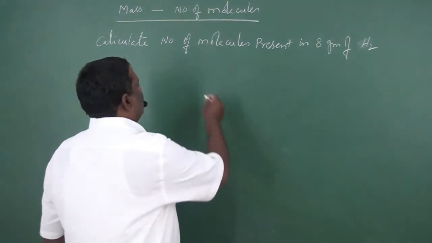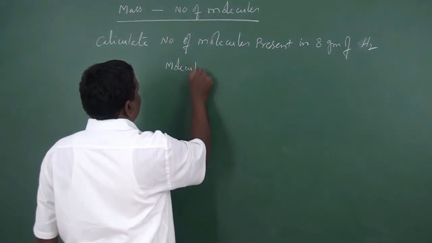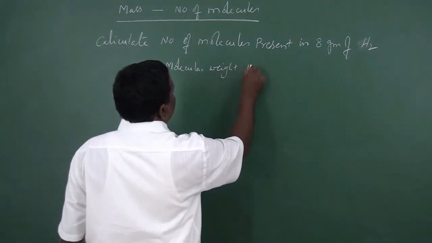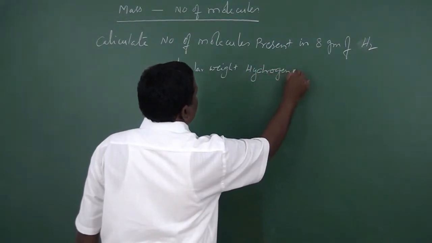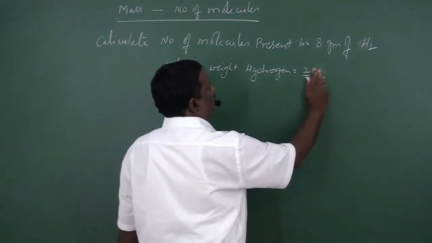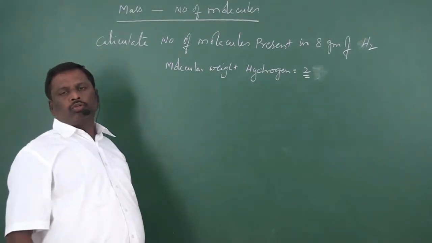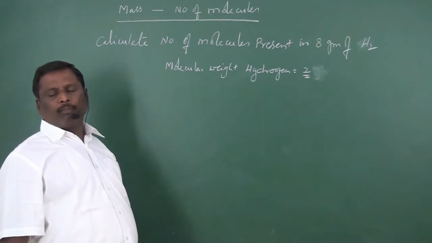So here the molecular weight of hydrogen is equal to 2. Molecular weight is 2. So if its molecular weight is 2, 2 grams is its gram molecular weight or gram mole or mole.